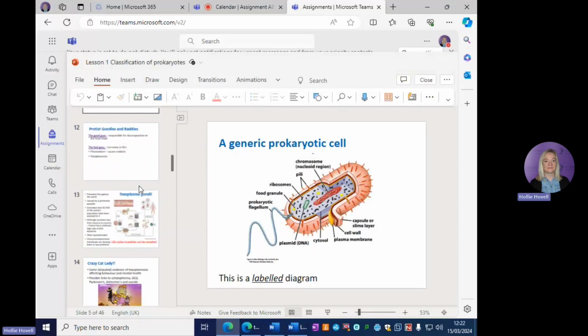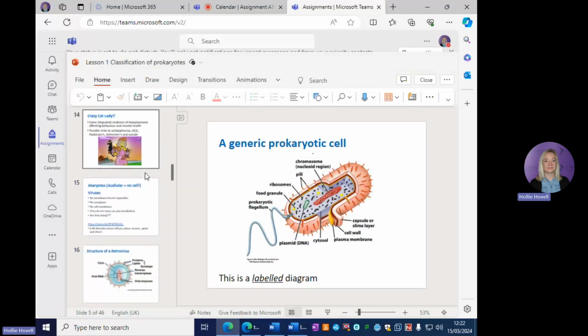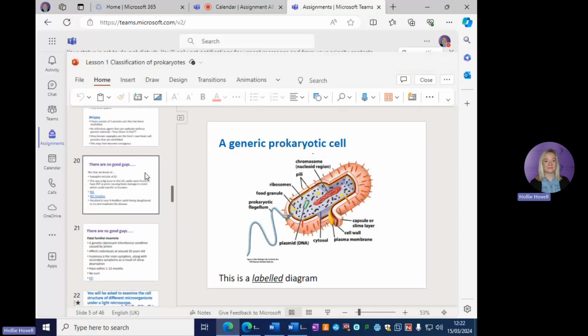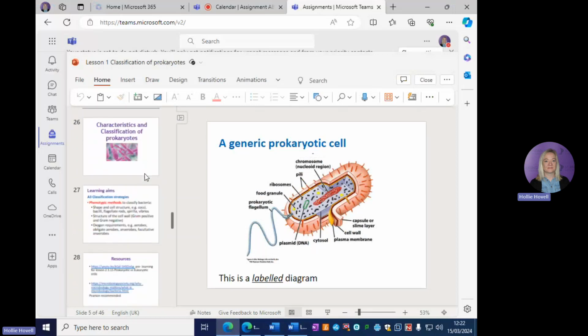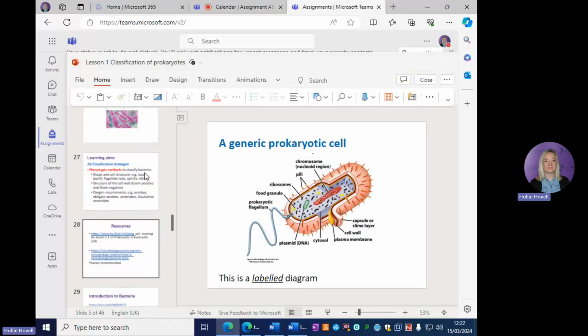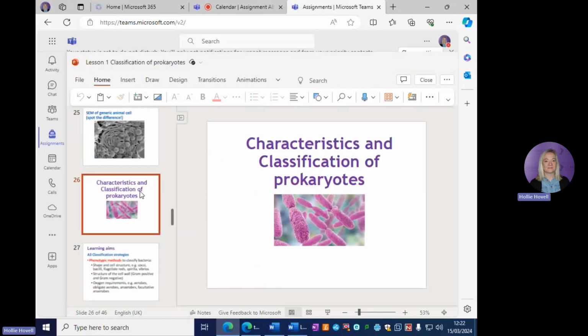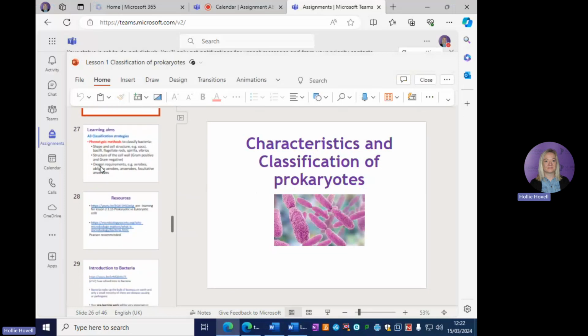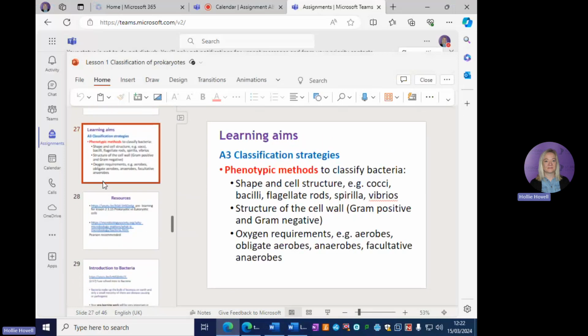If you look through these slides, you can find some slides to help you, but equally, you can find information on the internet as well. I'm just trying to find a good section in here. If you go up to page 26, up to 26 was a bit of an overview of all the organisms. From page 26, we've got specifically prokaryotes.